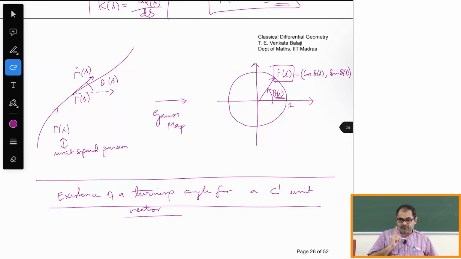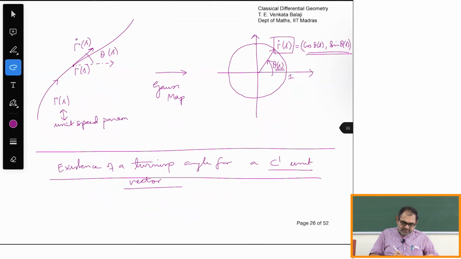And gamma dot is C1, because all our curves are C2, since we need the second derivative for curvature. So gamma is C2, that means its derivative is C1, so gamma dot is a C1 unit vector. All I am trying to say is that a C1 unit vector can be written as cos theta of s, sin theta of s, where theta of s is a turning angle.